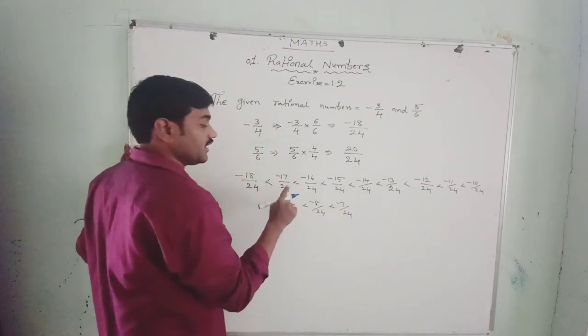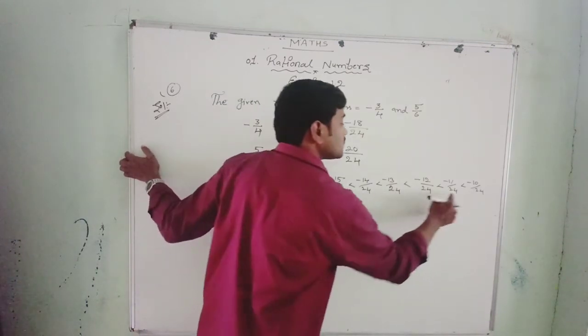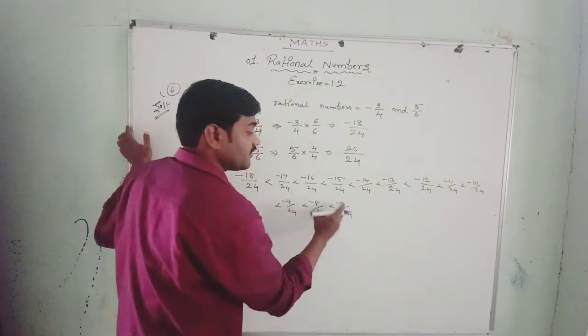How many we have to write? 10. 1, 2, 3, 4, 5, 6, 7, 8, 9, 10, 11 we have written.